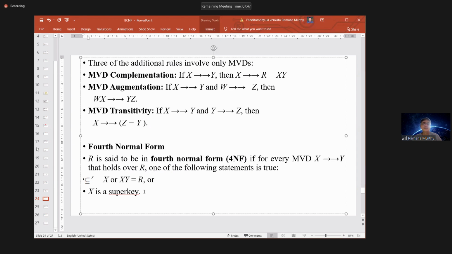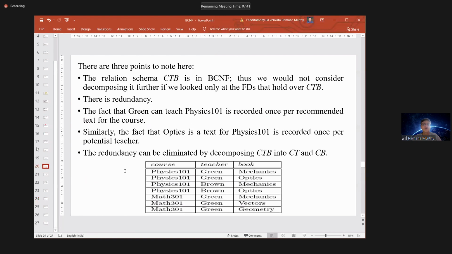That is the reason you divided the particular table into two tables: the particular table into course, teacher for identifying a super key. Okay, then you are identifying course and book as another table, so that you can eliminate redundancies. Clear?